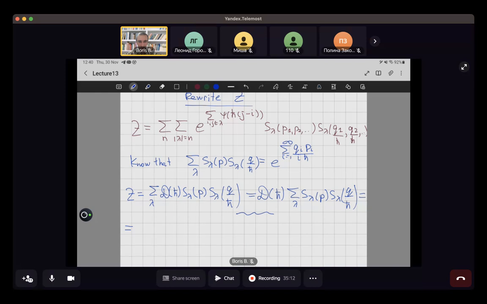Then Jk1, etc., Jkn corresponds to these differential operators. And then Z, and Z is the exponent of the sum of qi j minus I over I h bar, I from 1 to infinity, acting on the vacuum. Okay.